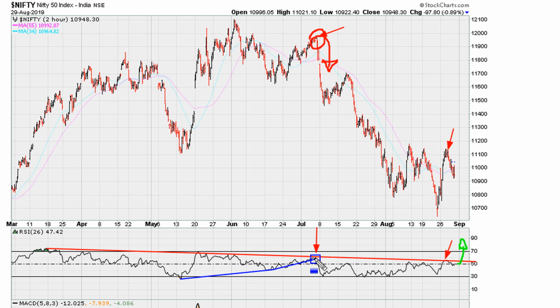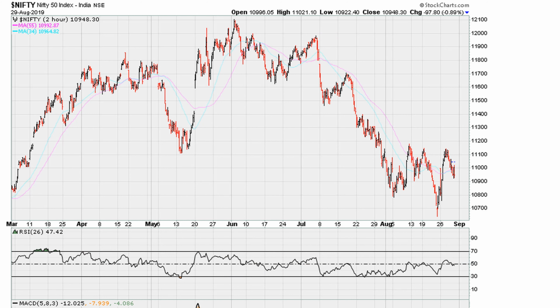If I extend that line, you can see that on the 2 hourly we came and kissed that blue line, corresponding with this level here. And that is where prices were rejected in the short term. So clearly those two lines are short-term resistance. If the market is to go higher, it would need to clear those two lines. It would also need to clear the daily lines that we've discussed.